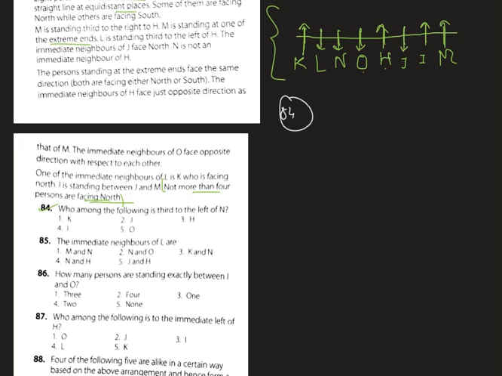Who among the following is third to the left of N? As we know from the palm rule, if we place our hand in the direction of N, then the palm directs to the right-hand side and the other side directs to the left-hand side.